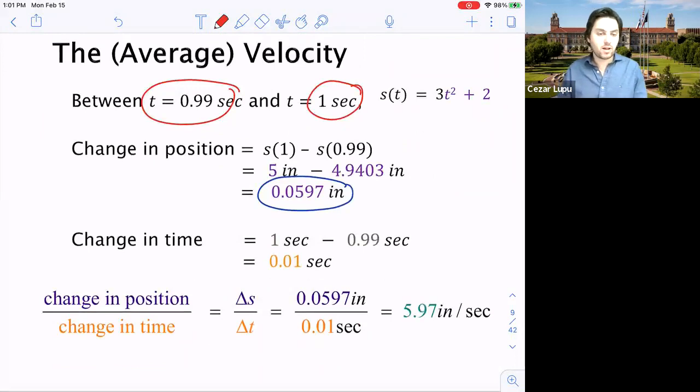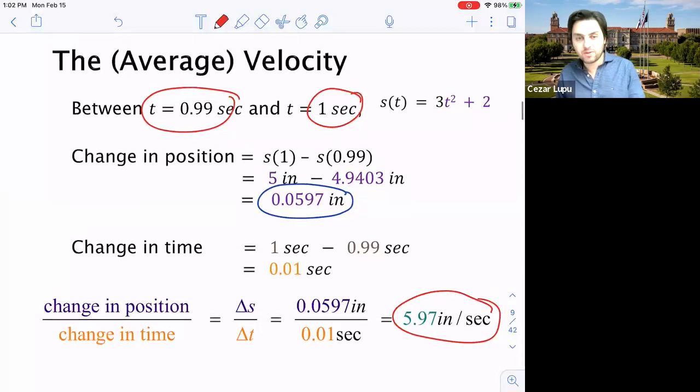So the average velocity, the change in position over the change in time, will be the quotient of the two. So this will be delta s over delta t, which is 0.0597 over 0.01 seconds. And this will give us 5.97, right?